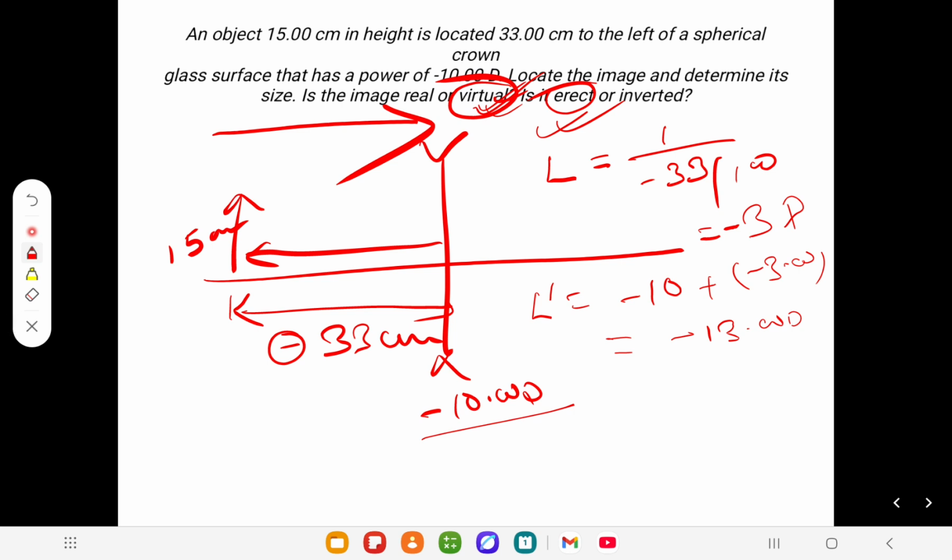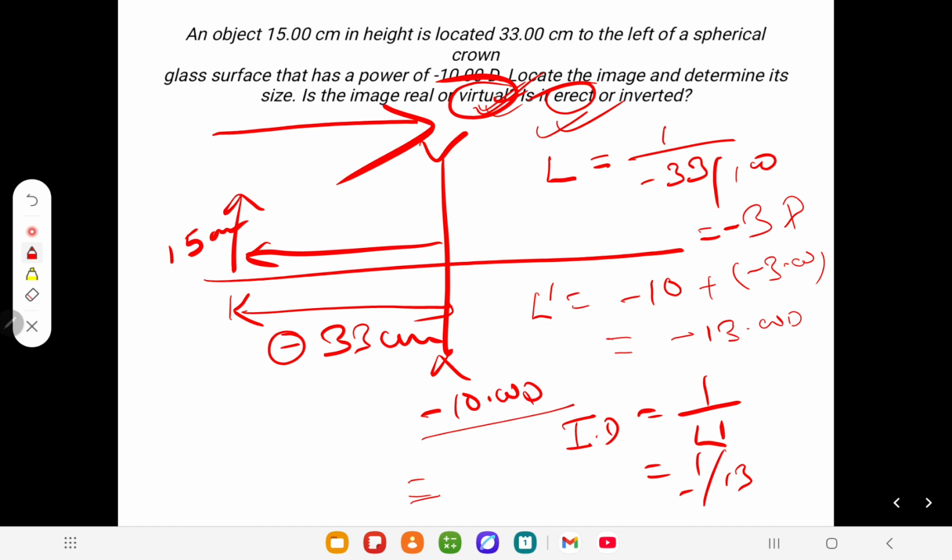Then we have to calculate what? The location of the image. The image distance is the inverse of the image vergence. So 1 divided by 13 in minus. What is 1 divided by 13?